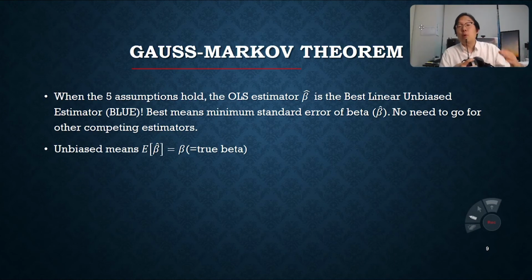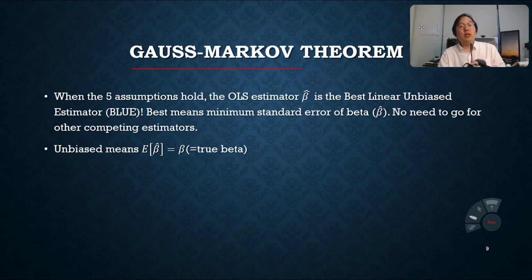Let's say slope coefficient is 2. How sure are you? How precise is that estimate? That depends on the standard error. The smaller the standard error, the more precise you are, the more confident you are about the beta being 2 instead of 1, right? You need the 5 assumptions over there. As long as you have these 5 assumptions, you don't need to go for other competing estimators. So that's the Gauss-Markov theorem, right?